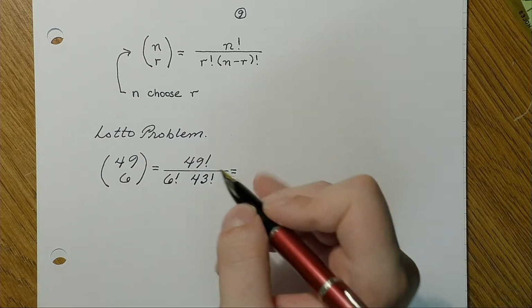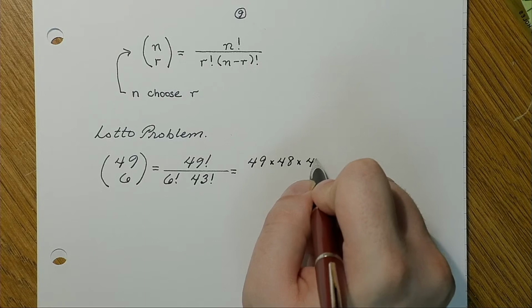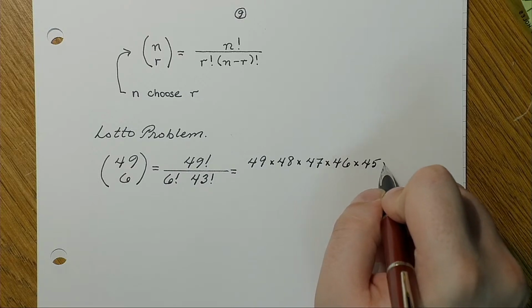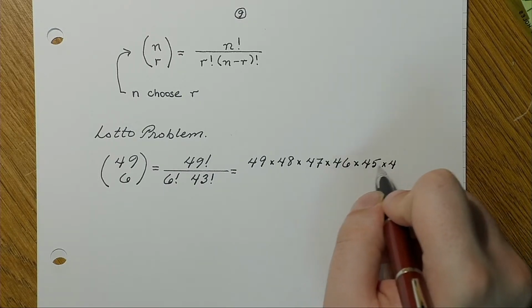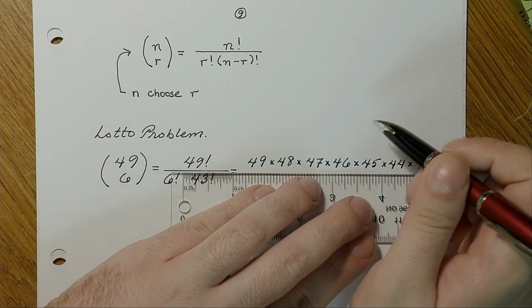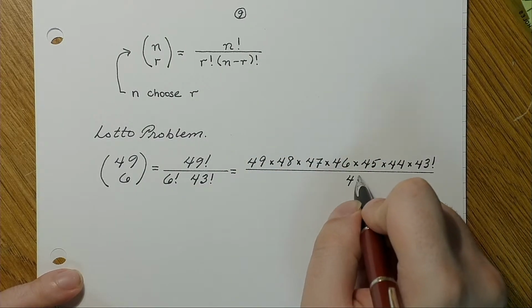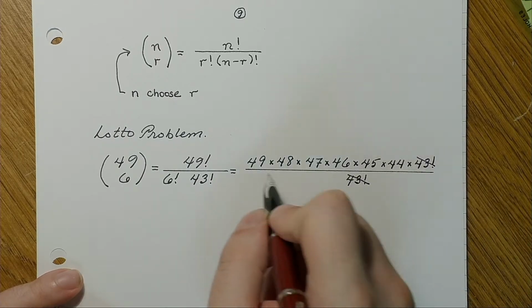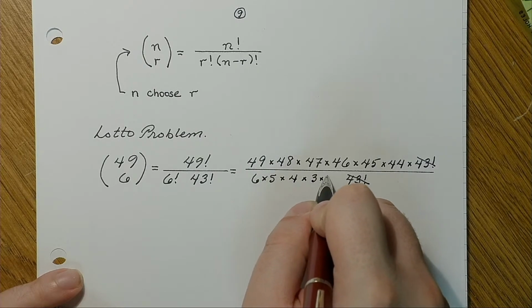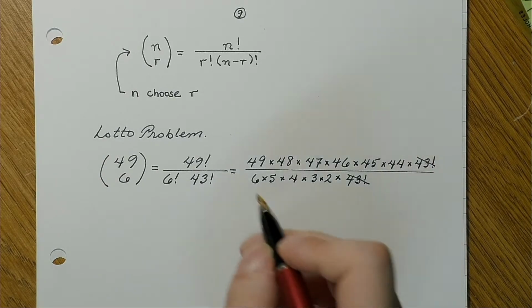This is still quite a large number because I have 49 times 48. So this is quite a large number, and you can keep simplifying it.